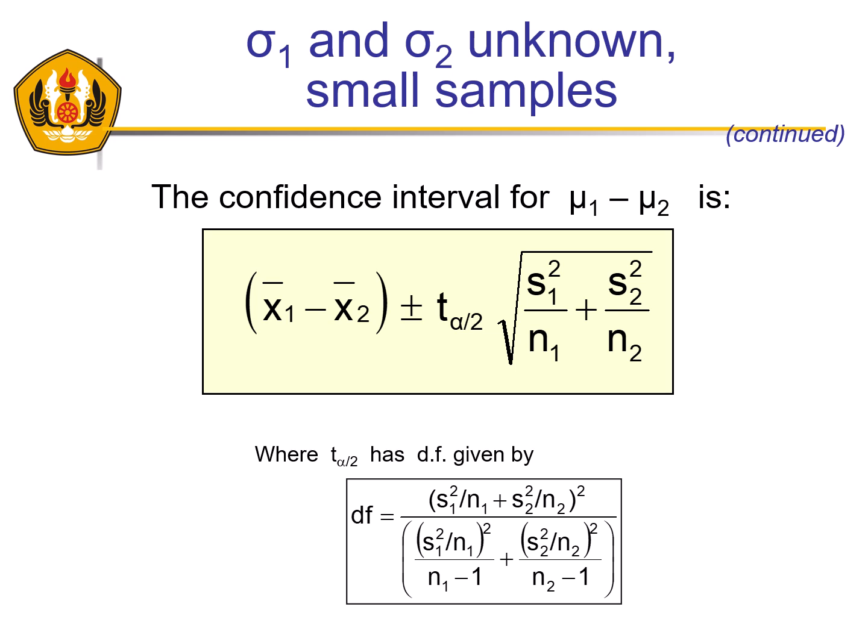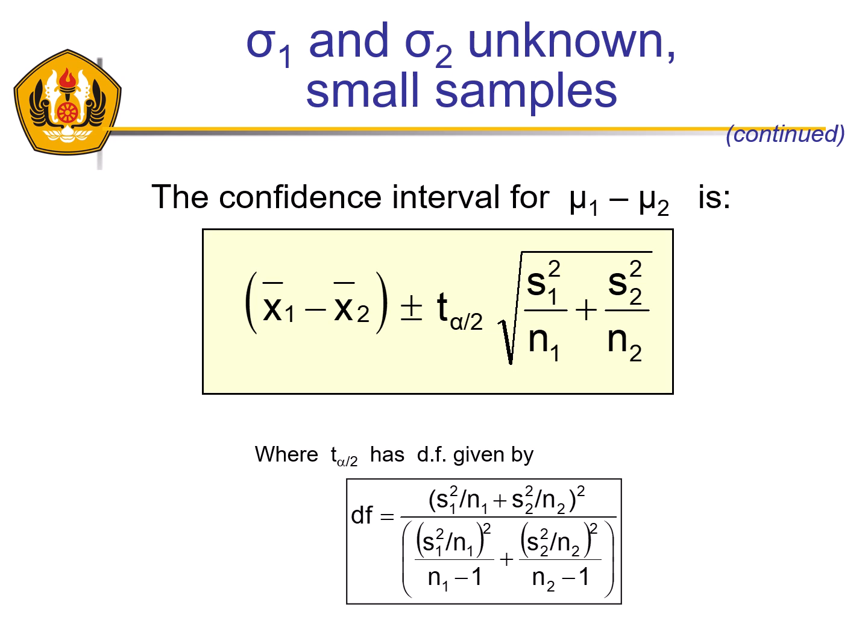So the confidence interval for mu1 minus mu2 is x bar 1 minus x bar 2 plus or minus t alpha over 2 times the square root of s1 squared over n1 plus s2 squared over n2.